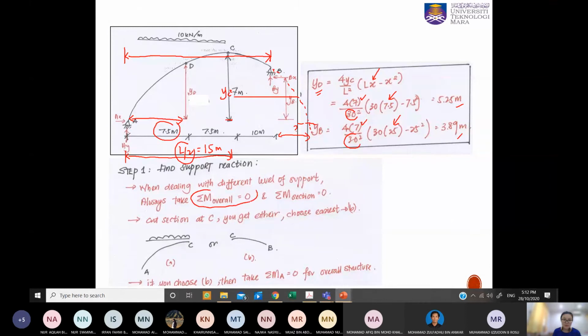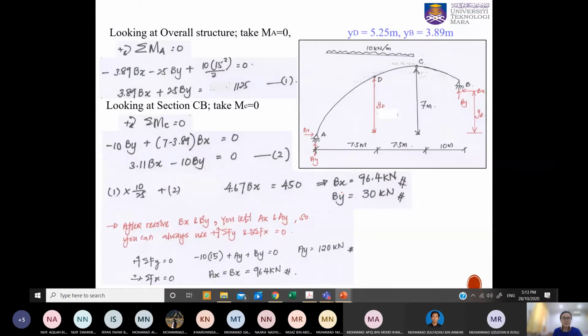You consider the overall moment, and then you consider the cut section at C. Then you choose whether you want to analyze section A or section B. Choose whichever is easiest. In this case, B is chosen because on section BC there are no loads. Let's have a look at the next slides.